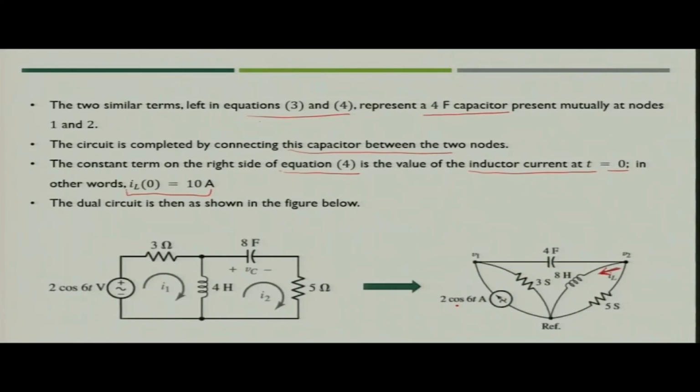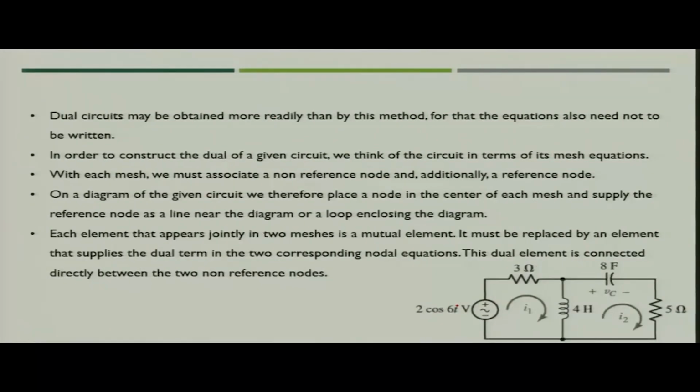Then what can you do? You can use one analogy, which we will discuss, by which you can obtain this particular circuit more readily without writing the equations. Why? Because you will construct the dual circuit by inspection. How will you do that?